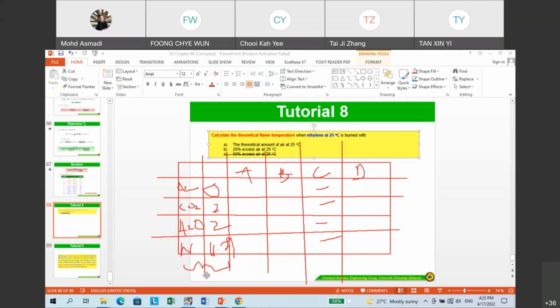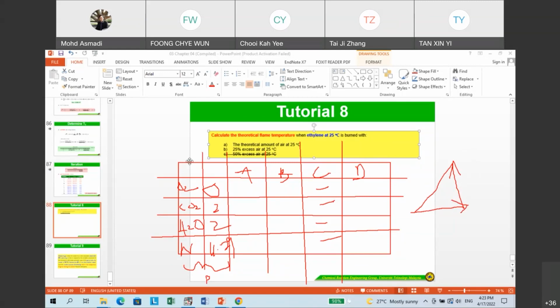You have to remember this is for the products, because from the hypothetical path, if you still remember, it's a triangle shape: the reactants enter at the standard conditions, but the products leave at the particular temperature that we want to find. So please find A, B, C, and also D.